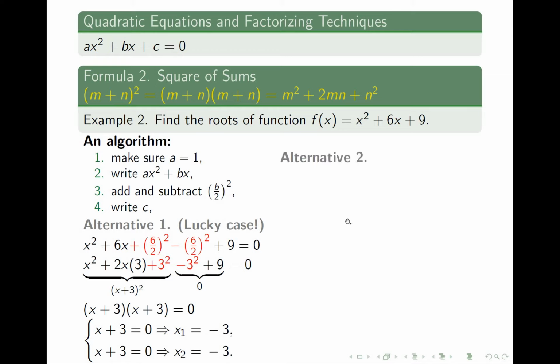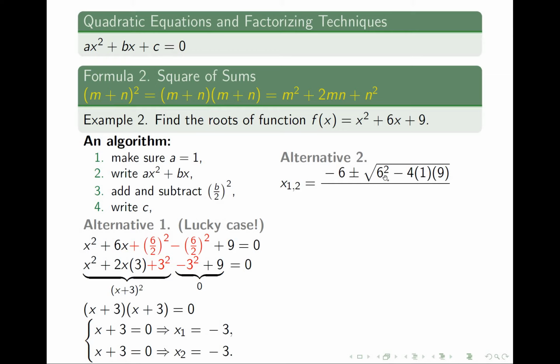So alternative 2, we can use the formula. We say minus b plus or minus the square root of b squared, which is 6 to the power 2, minus 4 times the coefficient a, which was 1, times c. So we get 36 here, and here we get 36.